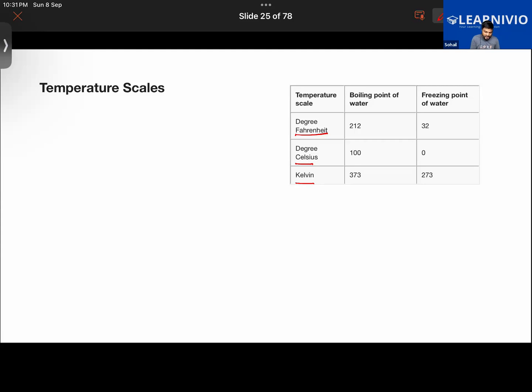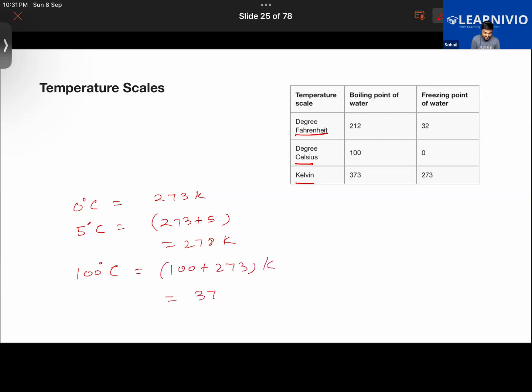For example, we know that 0 degrees Celsius is the same as 273 Kelvin, right? So if there's a temperature of 5 degrees Celsius, in Kelvin that will be 273 plus 5, that is 278 Kelvin. Getting it? Or if the temperature on the Celsius scale is 100 degrees Celsius, then on the Kelvin scale that will be 100 plus 273, so that becomes 373 Kelvin.